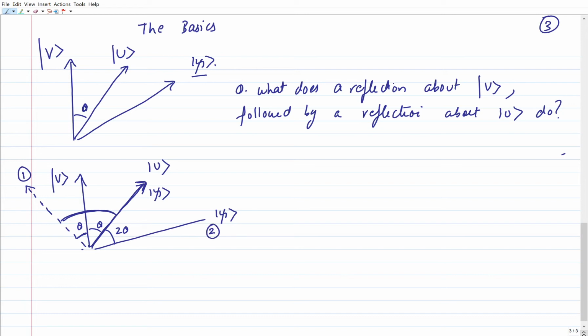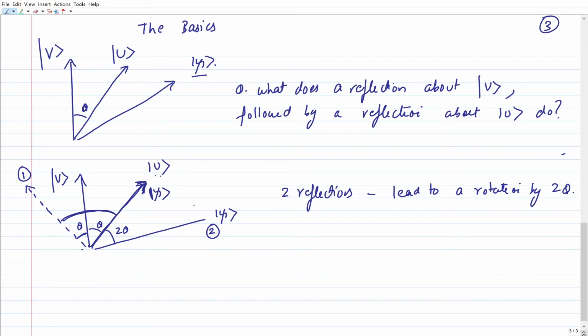So two reflections about two different axes lead to a rotation by an angle 2 theta. Notice in this case we introduced psi to be exactly overlapping with u, but this is not necessary.